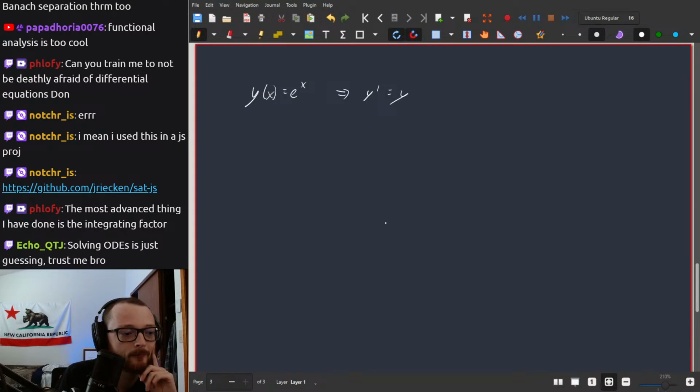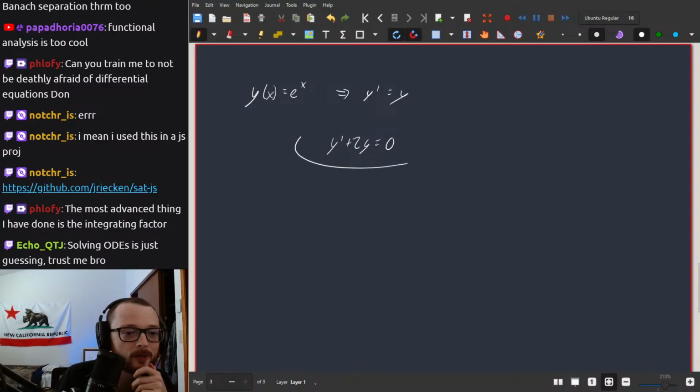So whenever you have an equation that relates y to its own derivative, it's not guaranteed, but if you have something like y prime plus 2y equals 0, your mind should immediately go to something involving e here.